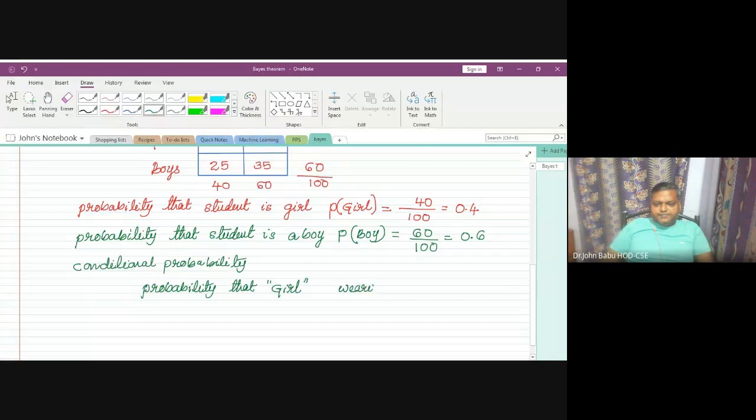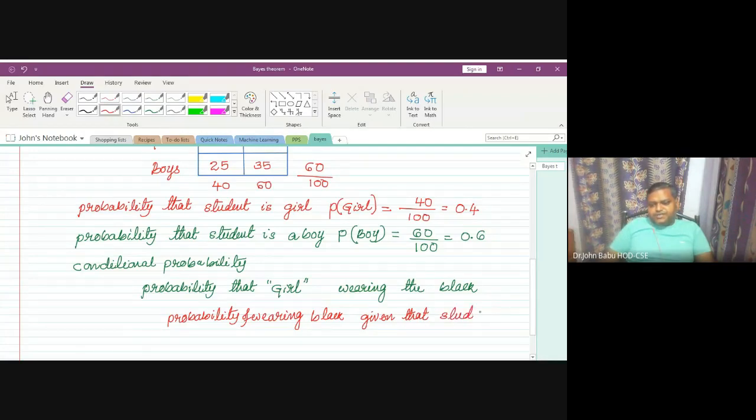The probability of wearing black, given that the student is a girl.